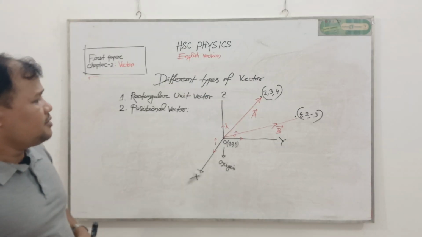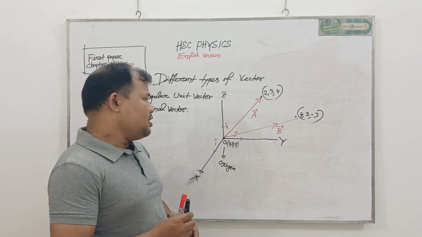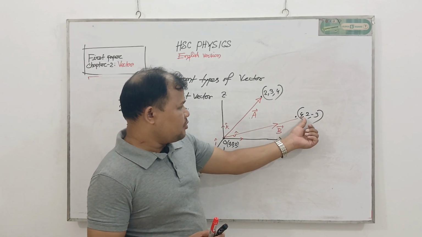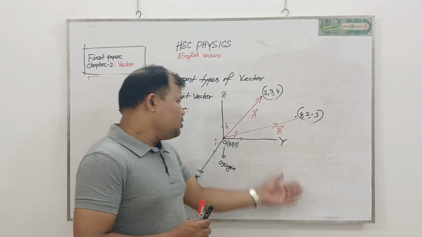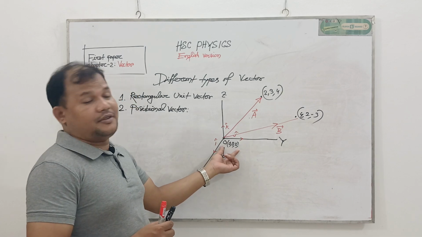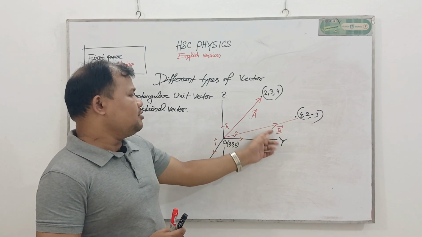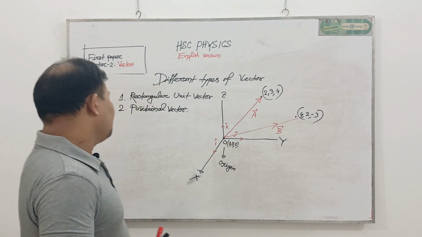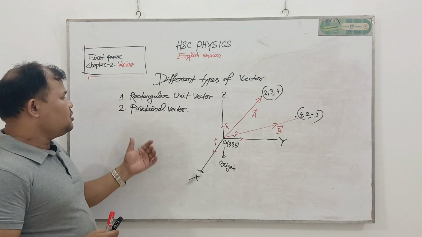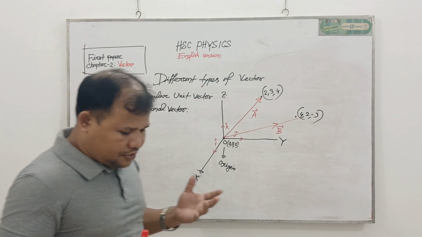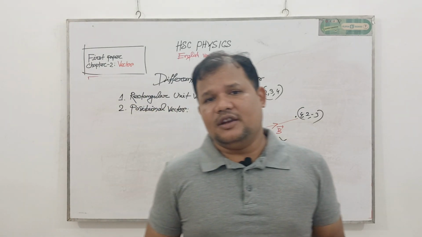Why is B a positional vector? Because vector B identifies the point (4, 2, -3) with respect to the origin of a reference frame. So A and B are positional vectors. My dear students, I think all of you clearly understand.